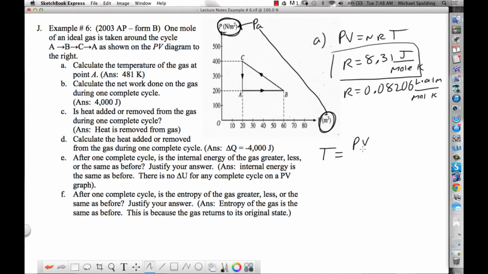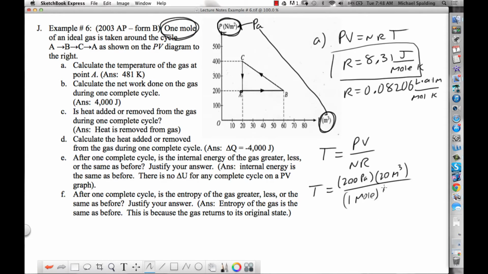That's going to be PV over nR. So we're focusing on point A here. So the pressure at point A is 200 pascals. The volume at point A is 20 cubic meters. And then 1 mole, right? We're told right here, 1 mole, n is 1.